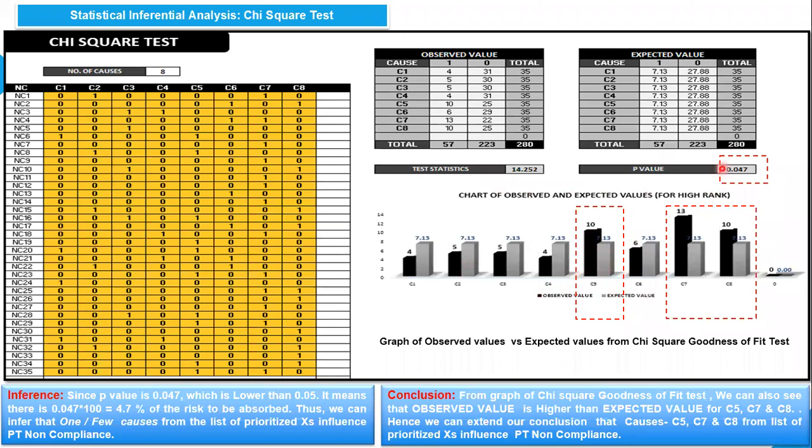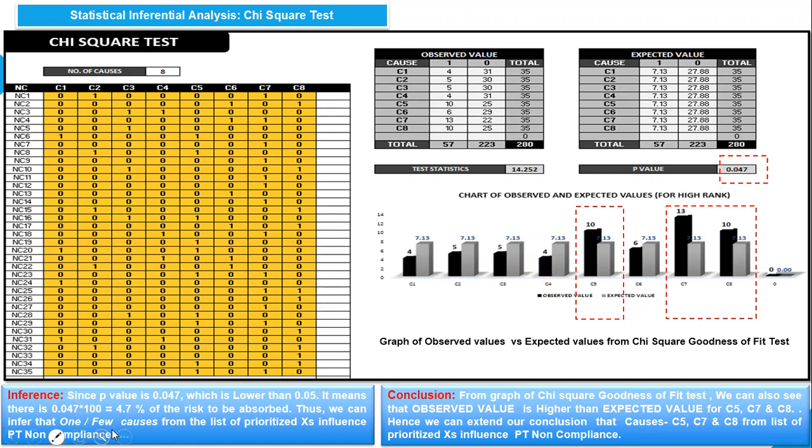So what is the p value over here? The p value is 0.047, right? And you can see this graph with the bars for expected value and observed value. This gray colored bar is for expected value and this black colored bar is for observed value.